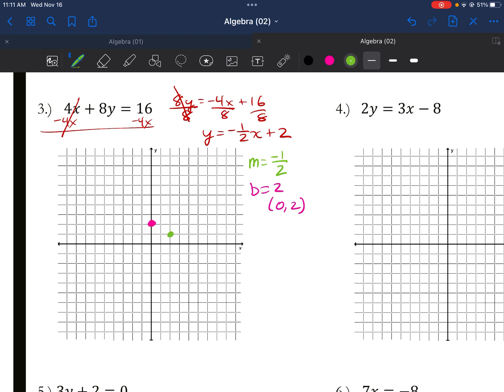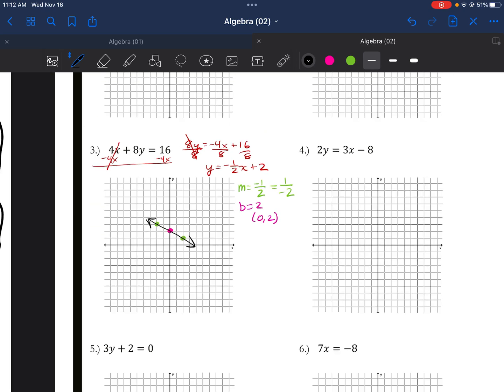So I plot this. If I wanted to go the other way, I can make it so it's 1 over -2. I can use either one of those. So I go up 1 and to the left 2. There we go. So I can draw my line.